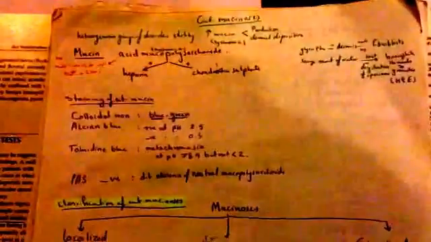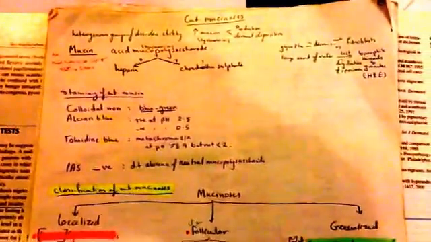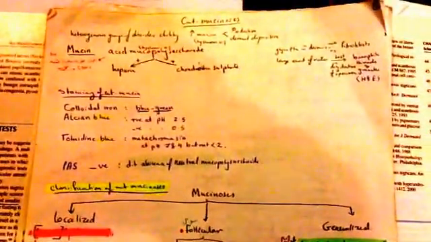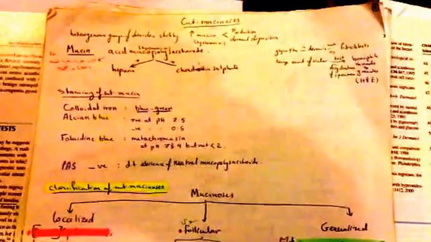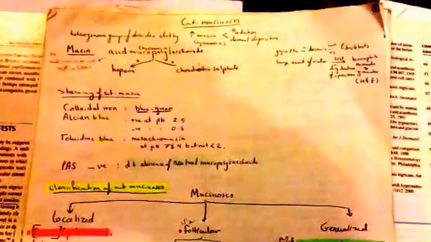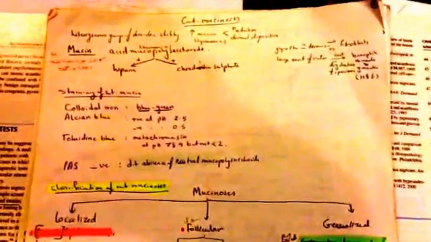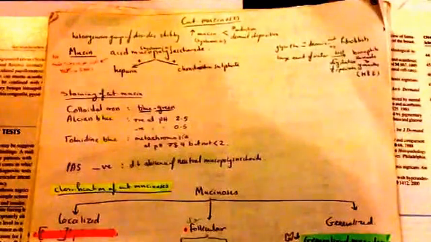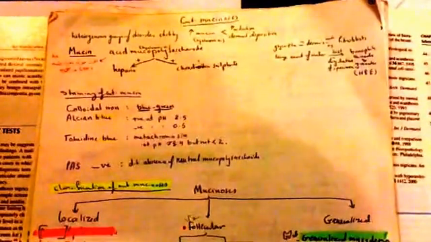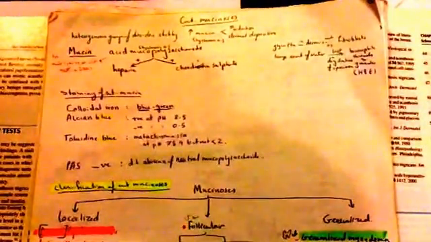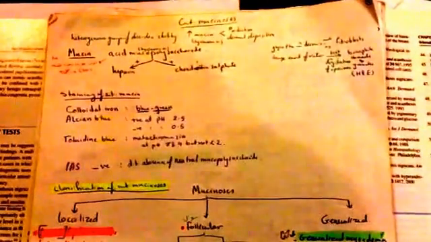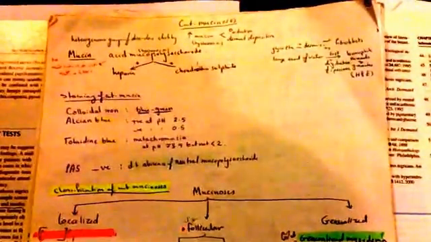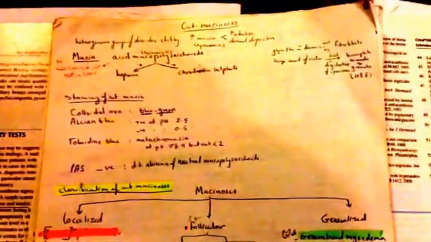Regarding staining, in hematoxylin and eosin the glycoprotein in the dermis loses a large amount of water, leading to basophilic threads and granules. With colloidal iron, blue-green; Alcian blue, positive at pH 2.5, negative at pH 0.5; toluidine blue, metachromasia at pH 7 and 4 but not less than 2; PAS negative due to absence of neutral mucopolysaccharide.